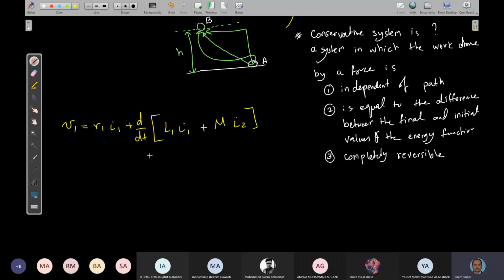I'm assuming two coils, coil number 1 and coil number 2. So this is the first equation, the voltage equation for the first coil. The second coil voltage equation: R2 I2 plus d by dt of L2 I2 plus M I1.